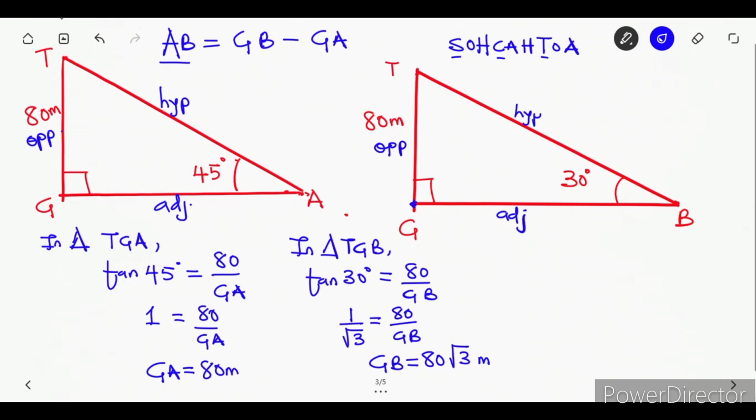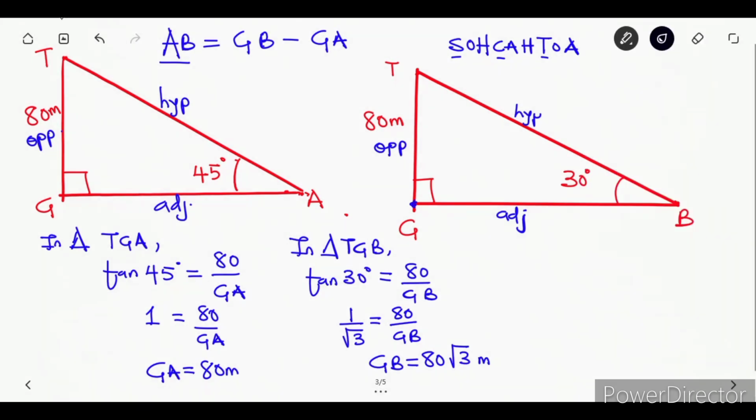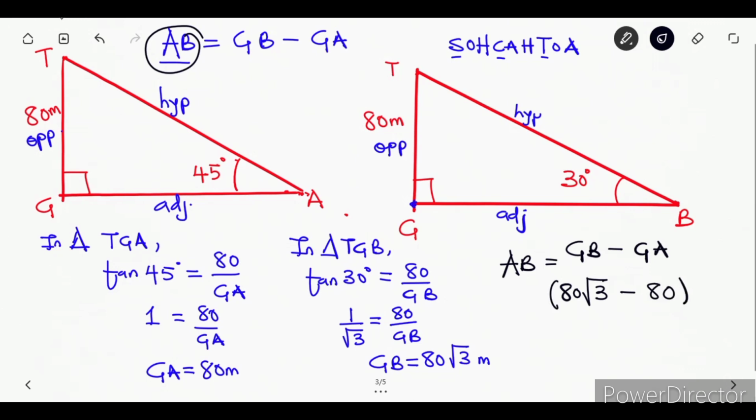All I need to get now is my answer, which is AB. So AB now will be GB minus GA. GB is 80 root 3 minus 80 meters. Now I will factorize.